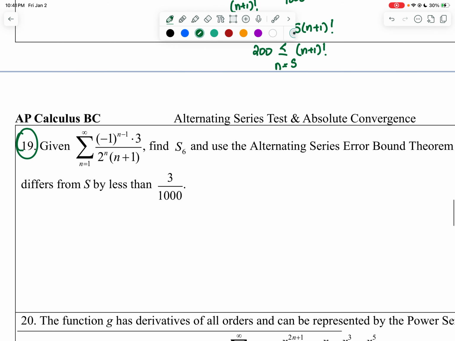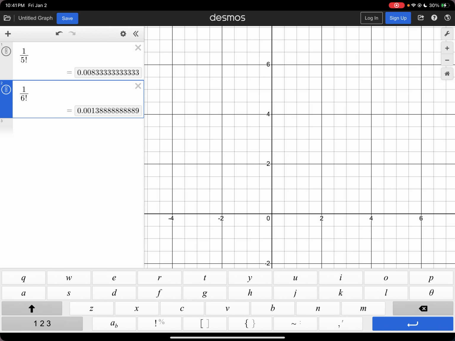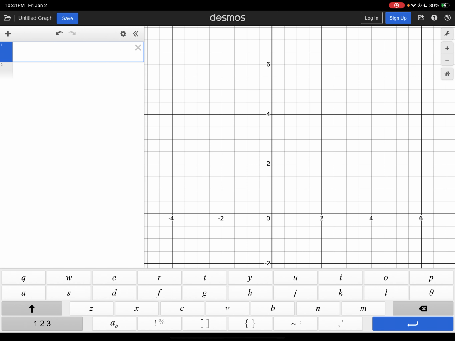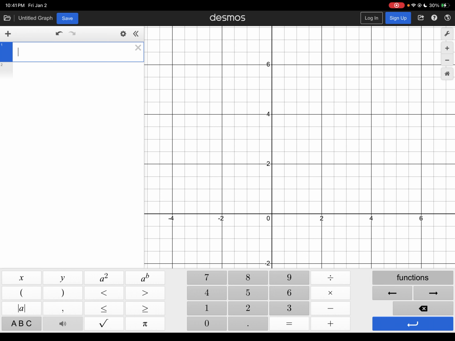We're going to find out what the 6th partial sum is. I'm going to go with Desmos because I'm too lazy to use my TI-84.